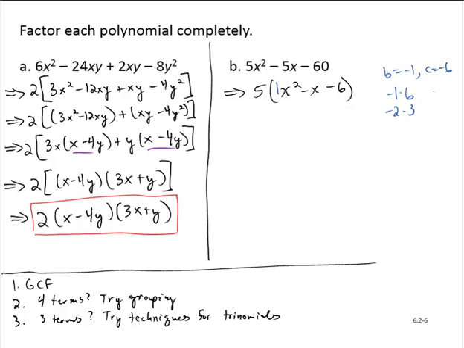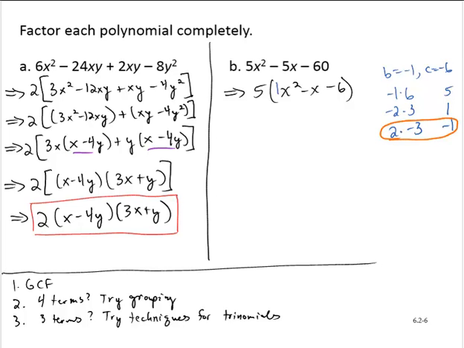That gives me a sum of 5. -2 plus 3 gives me a sum of 1, but I need a sum of -1, and so that tells me I need 2 times -3, and 2 and -3 have a sum of -1. So that's the pairing that I want.